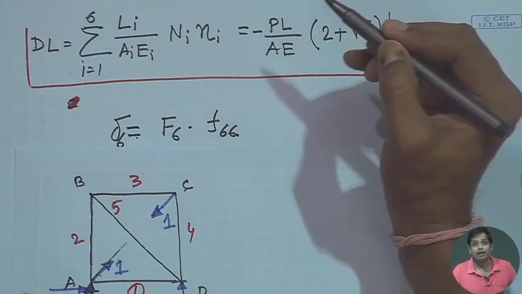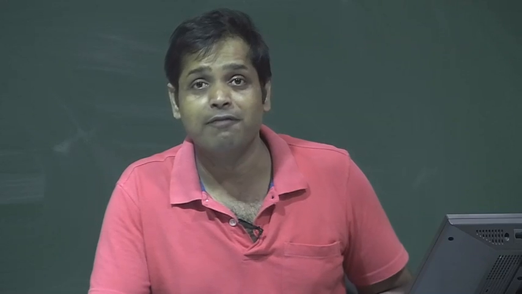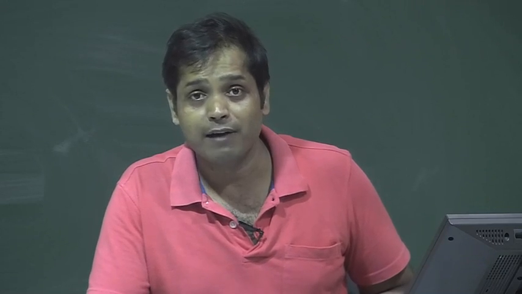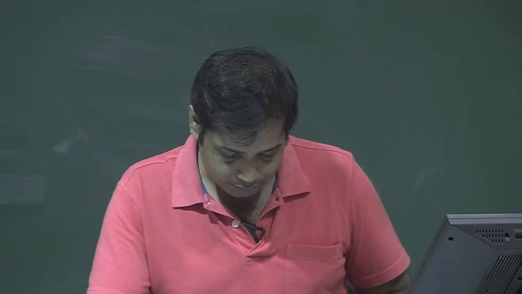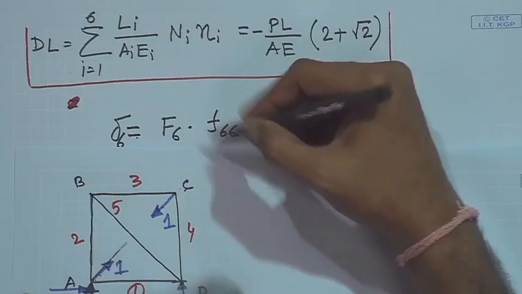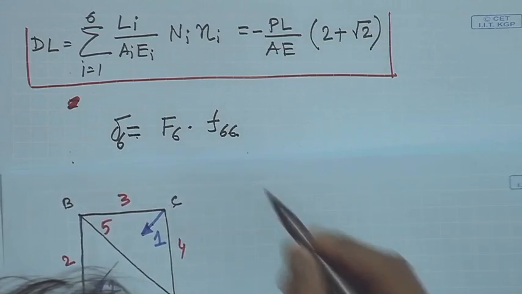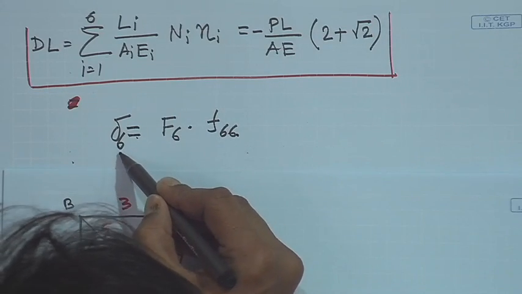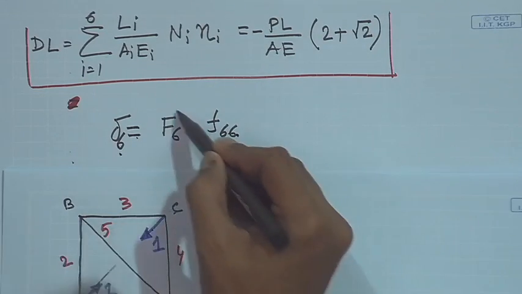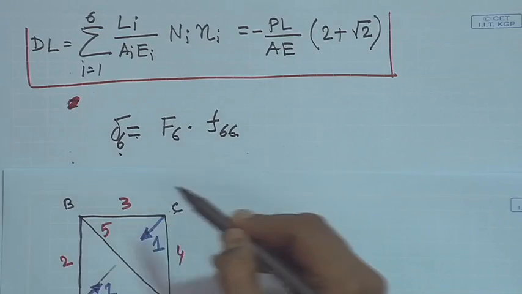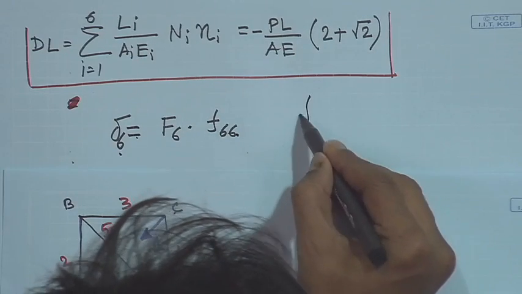That is the way, if you recall, when we wrote the flexibility coefficients fAB, fBB, alpha AB in one of the previous classes. So then deformation in member 6 will be the force F6 into the flexibility coefficient. And what is f66?